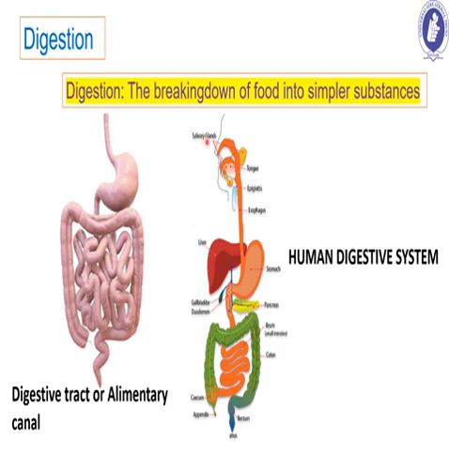The organs of the digestive system include salivary glands, food pipe, liver, stomach, pancreas, gallbladder, small intestine, large intestine, and anus. The digestive tract or alimentary canal is a long tube starting from the mouth to the anus.